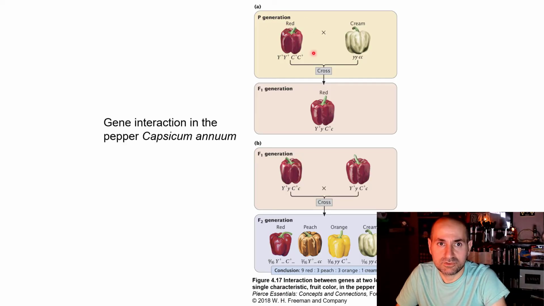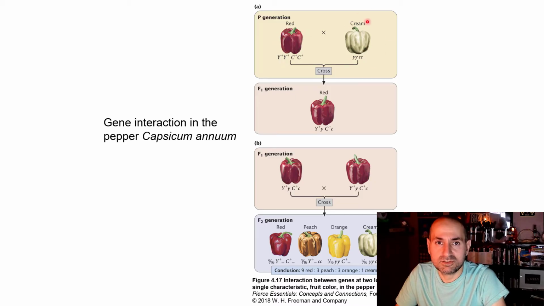These are the true breeders for red peppers and cream peppers. The reason this pepper is red is because it has 2 different dominant pigment genes, capital Y and capital C. And there's a gene interaction between those two pigments that gives the pepper the red color.